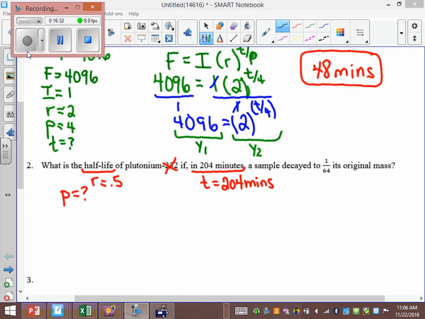Make one. Make the original mass whatever you want it to be, and your final mass will be 1/64 of it. Of always means multiply. So if you're doing 1/64 of a mass, you'll do that mass times 1/64 and you'll get the answer. So in this case, you get to pick whatever original mass you want, times it by 1/64, and you'll get the final mass.